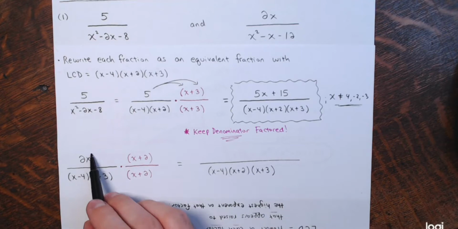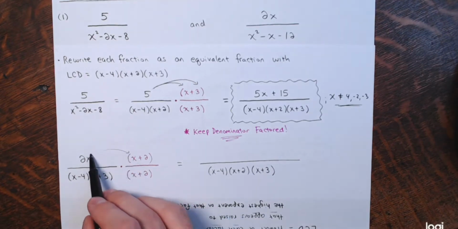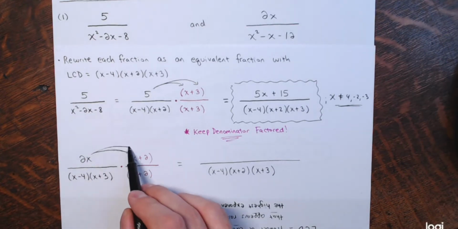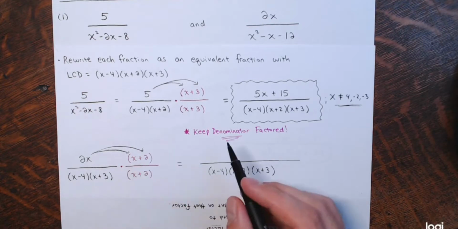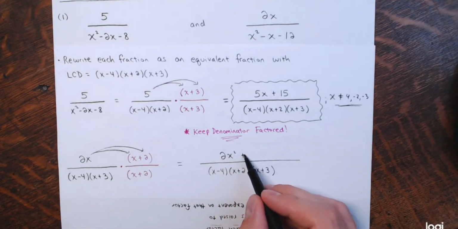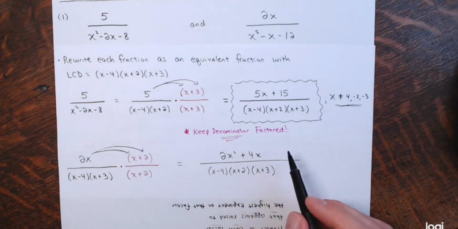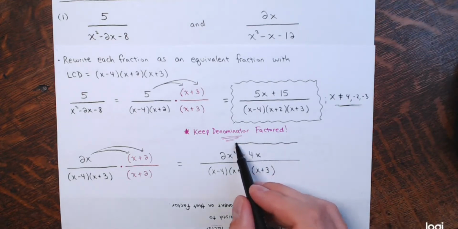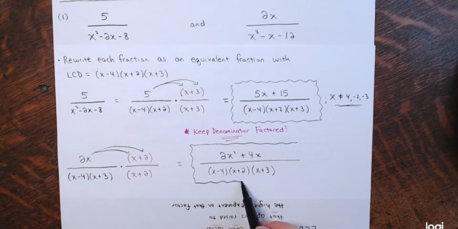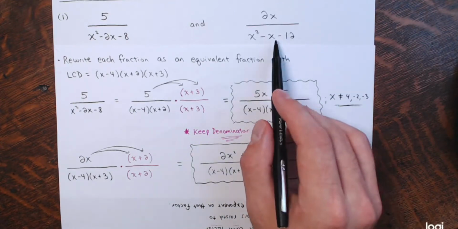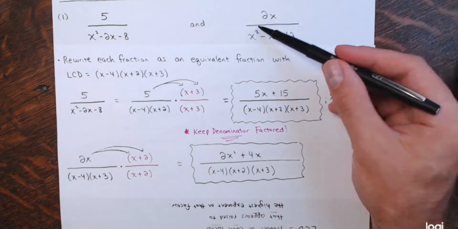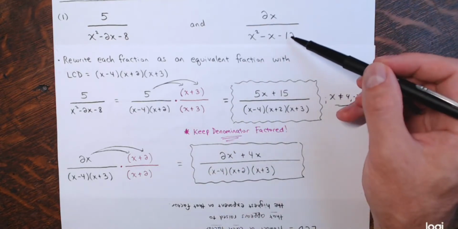And I'll multiply out the numerator. Take 2x, multiply it by x plus 2. That'd be 2x squared plus 4x. And there we go. Here's a fraction that has the same value as this fraction, 2x over x squared minus x minus 12.